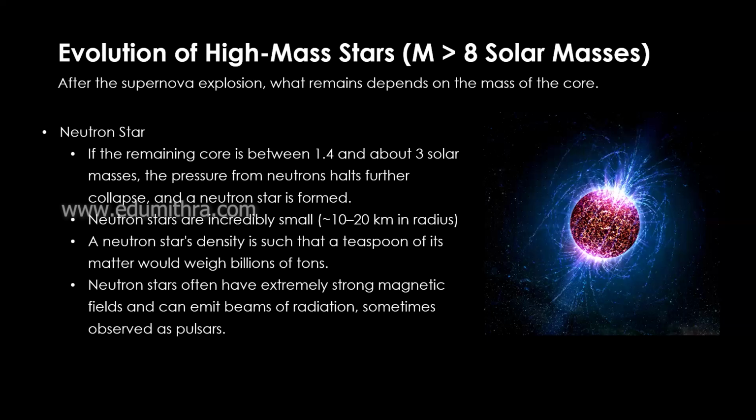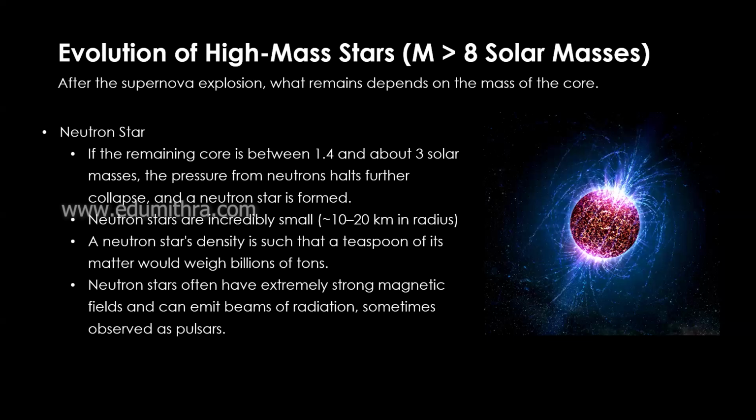It is highly magnetic and emits radiation through its two poles. Because it is rotating, when the light is pointing towards you, you can see it, and when it is pointing away, you cannot. So it repeats, like a lighthouse, and we get a feeling of pulsation. That is called a pulsar.